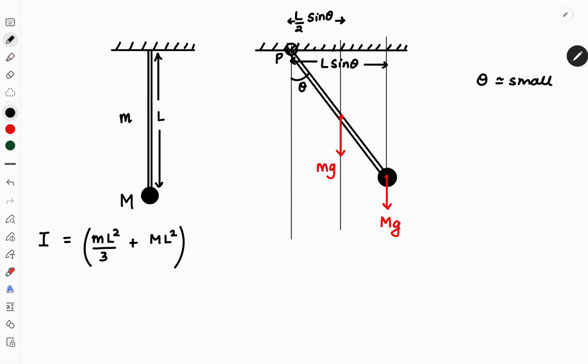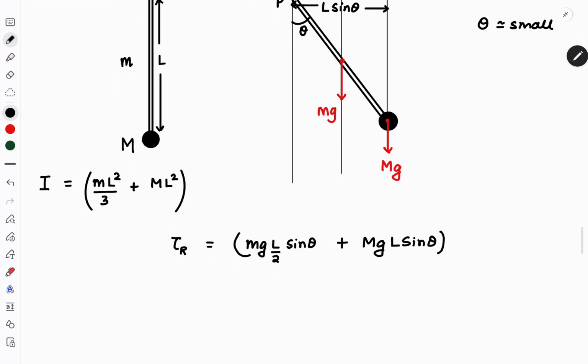And now if we write the restoring torque about point P, we can say that it is equal to mg L by 2 sine theta plus capital Mg L sine theta. And over here we are taking theta to be very small. So for a small oscillation, that is theta is very small, sine theta can be roughly written as theta.